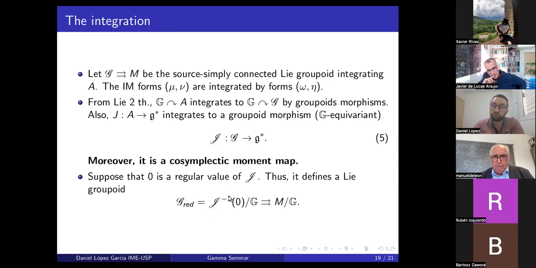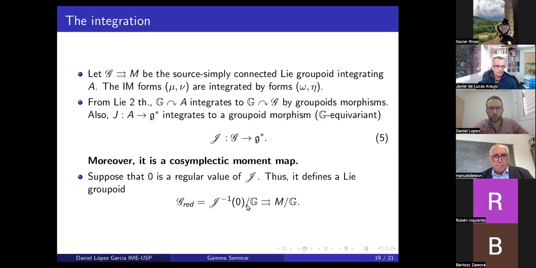Okay. So I want to highlight again that this is a manifold, just the zero level, because this is a regular value, and because the map is equivariant, this action is well defined on this level set.